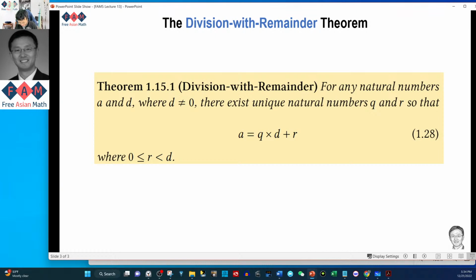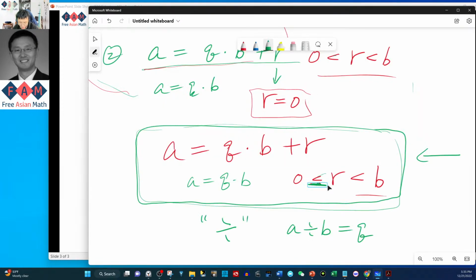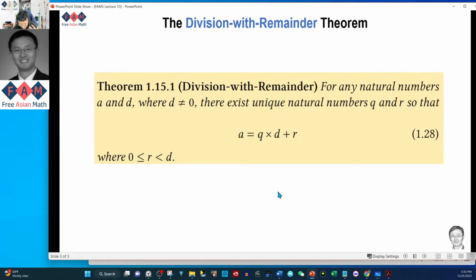You may question, how do we find Q and R? Well, that's what we have spent the whole lecture to discuss, right? This is just by repeated subtraction. We start from A, we subtract, in this case, D, the divisor, from A, then keep doing that until right before we go into the negative domain.